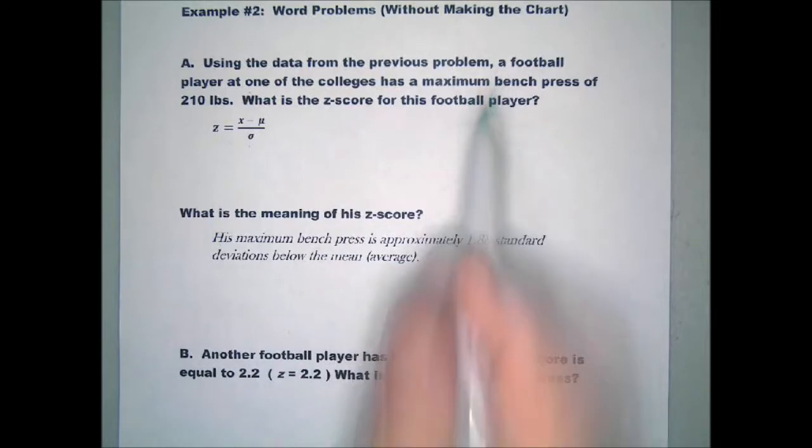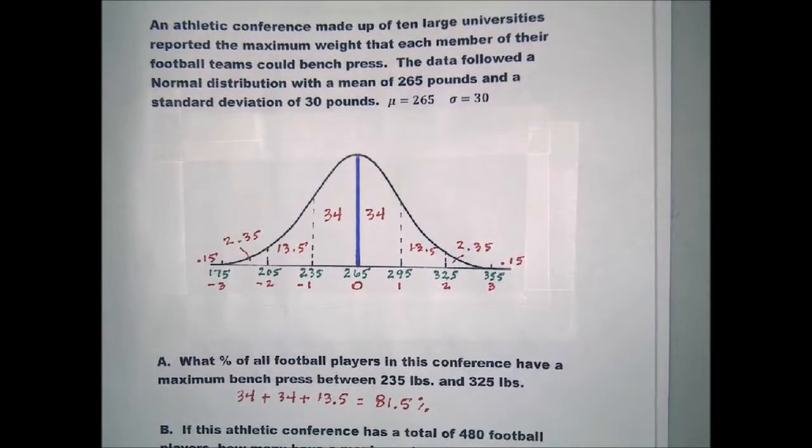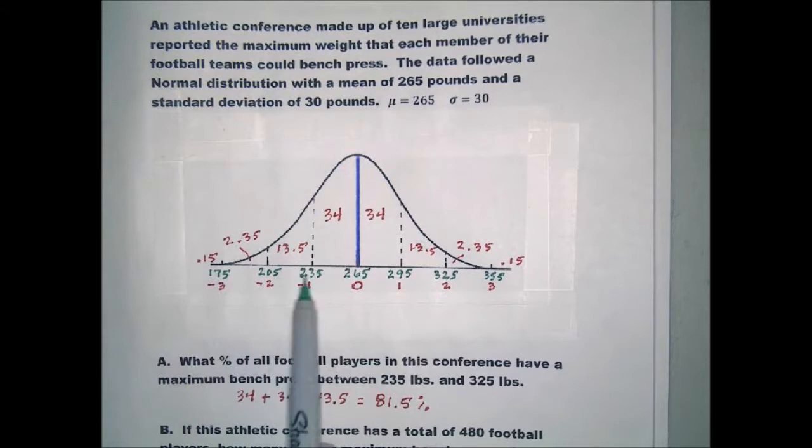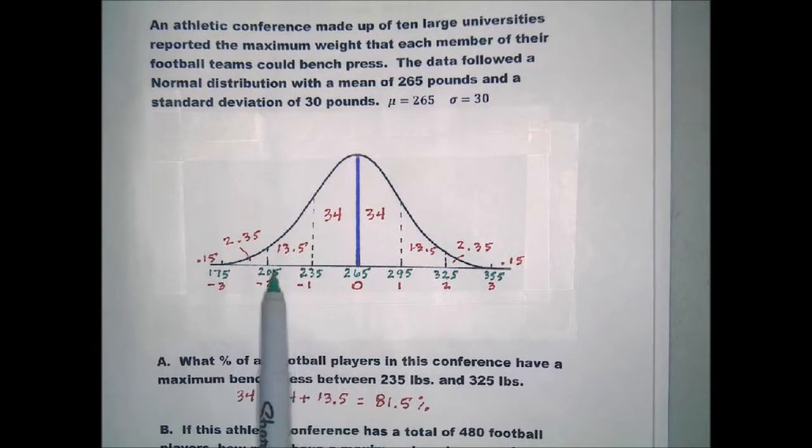Now, if you go back here and look at the chart, 210 pounds isn't a specific number on the chart. It doesn't land at one of the z-scores. So 210 is about right here. So we know it should be between -2 and -1.